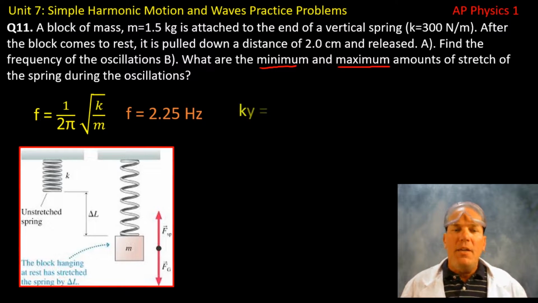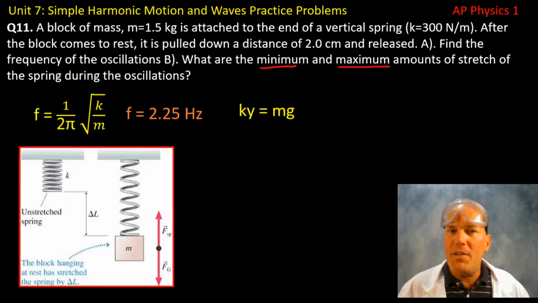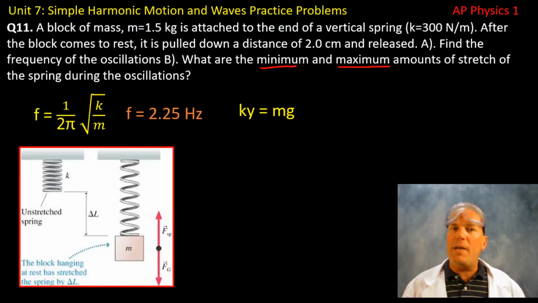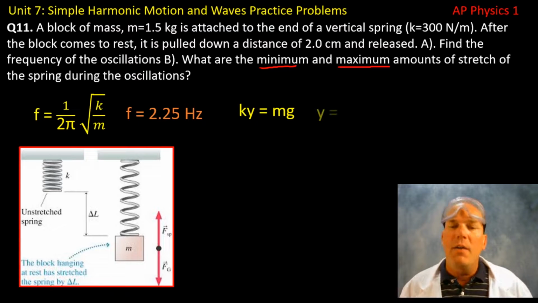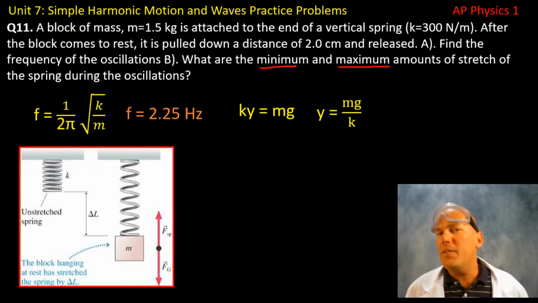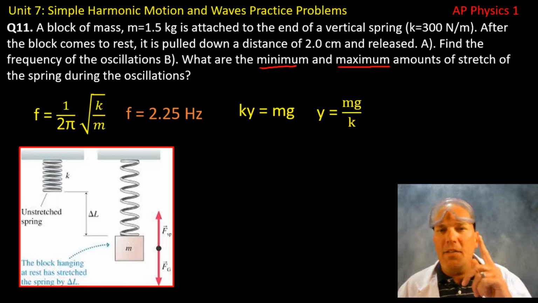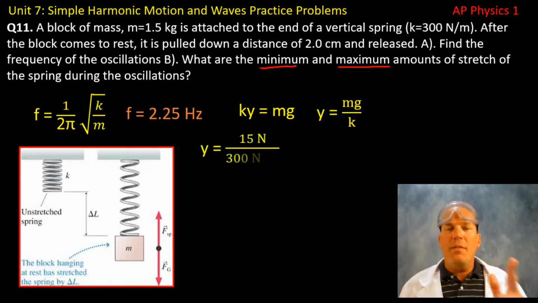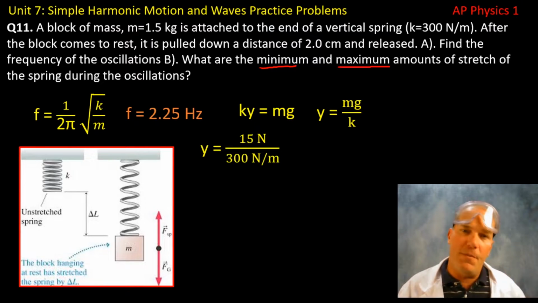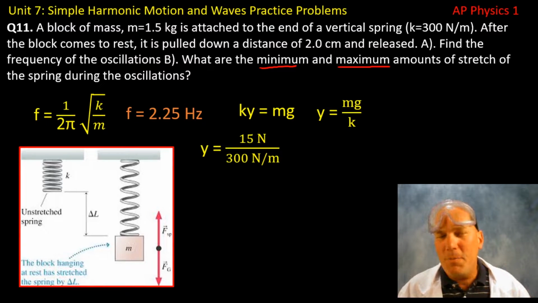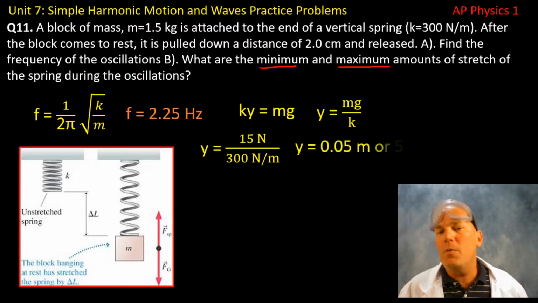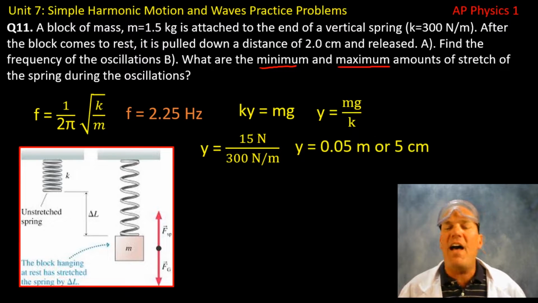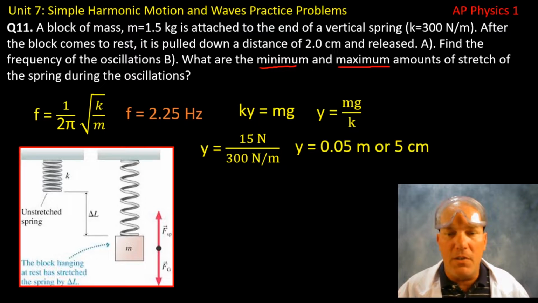For part B, we need to use some additional information. Recall in question 10, we showed this to be true by summing the forces vertically. If we divide both sides by the spring force constant K, we can solve for that vertical position. The vertical position in this case is 15 newtons divided by the spring force constant of 300 newtons per meter, which gives us 0.05 meters, or 5 centimeters.